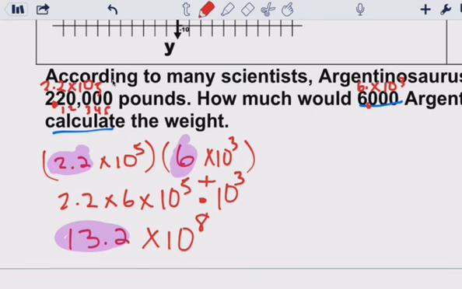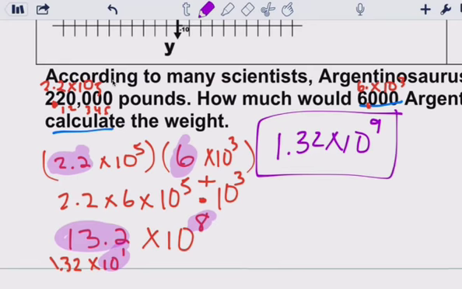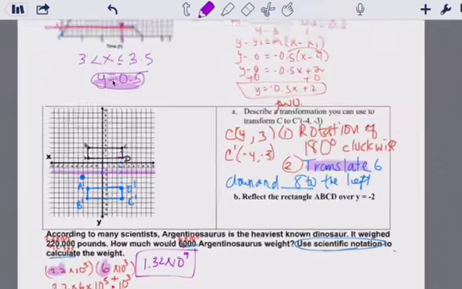This needs to be written as 1 point something times 10 to the first. So you add 1 to the exponent and get 1.32 times 10 to the 9th. Okay? Like that. That's your answer, and that's it.